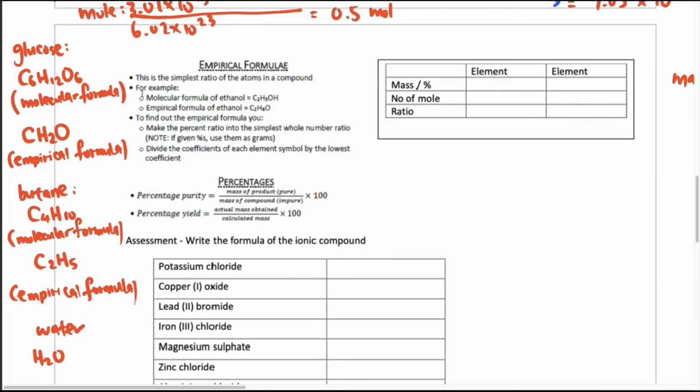Okay. Now, let's see the example here. The second point. For example, molecular formula of ethanol, C2H5OH. Empirical formula of ethanol, C2H6O. So you will realize they don't simplify it to a smaller number.